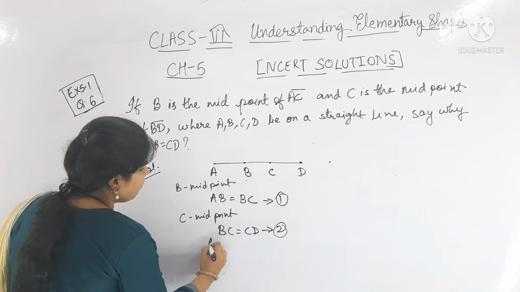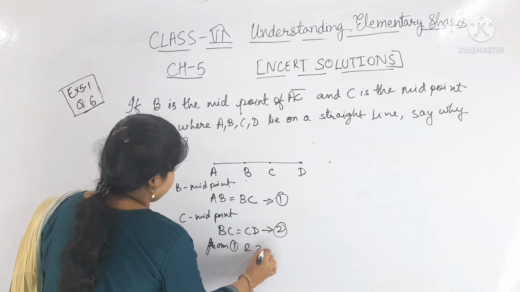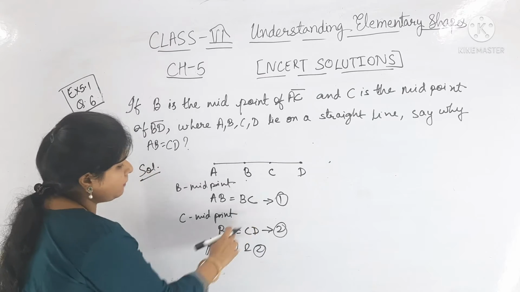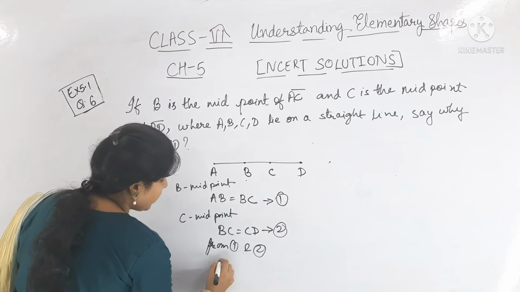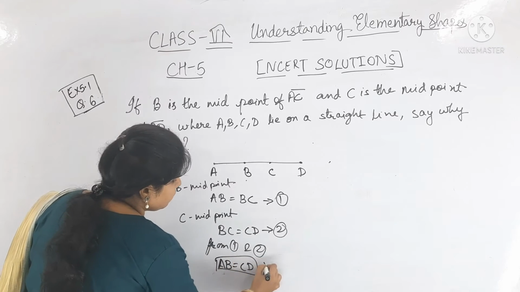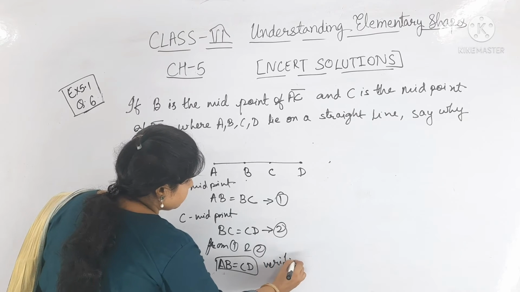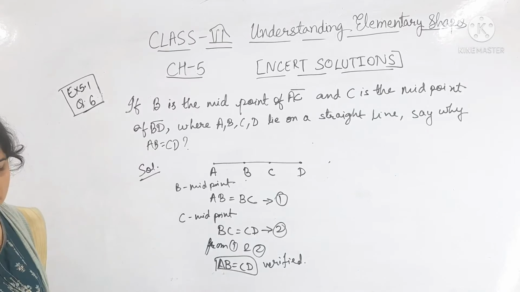Okay, so from 1 and 2 you can see BC is common, so AB equal to CD we can write. Okay, so AB is equal to CD, that is verified. Okay, so that is the solution for question 6.